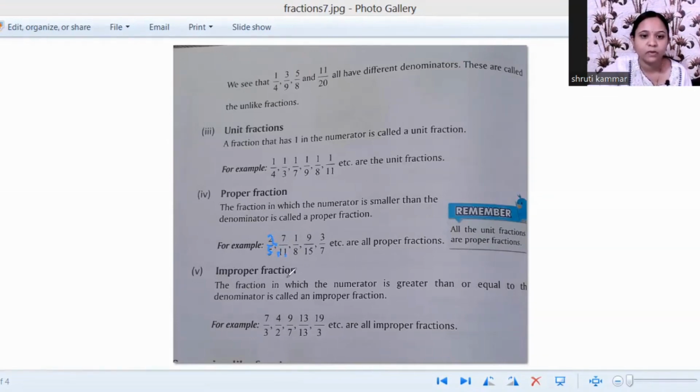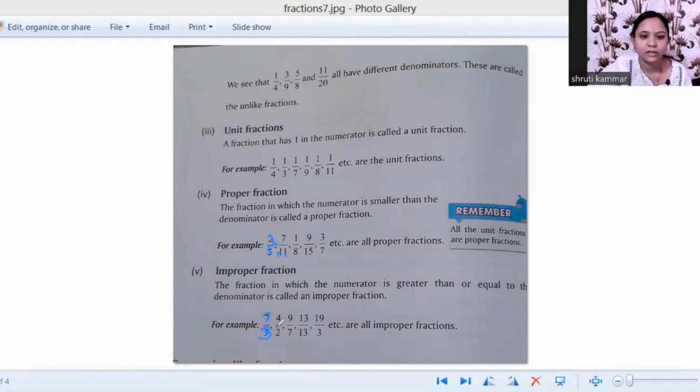But in improper fraction, the fraction in which the numerator is greater than or equal to the denominator is called an improper fraction. To understand this, see, in one object, they have made 3 parts, but they have chosen 7 parts. It looks a bit improper, right?